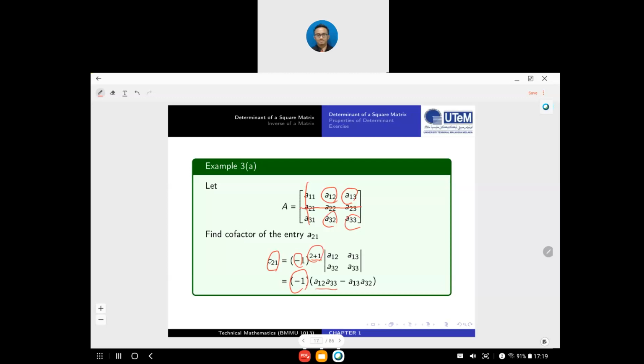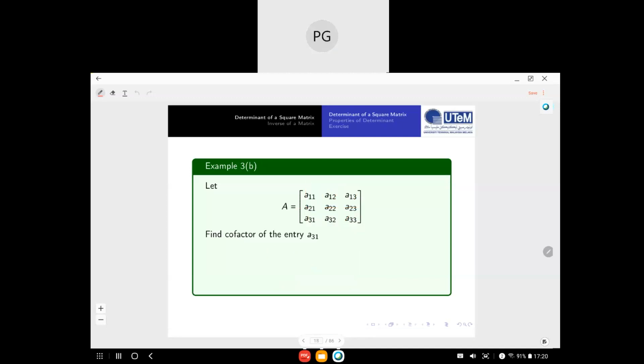And then inside here, you cross multiply and you get A12 times A33 minus A13 times A32. So this one is the cofactor for C21.